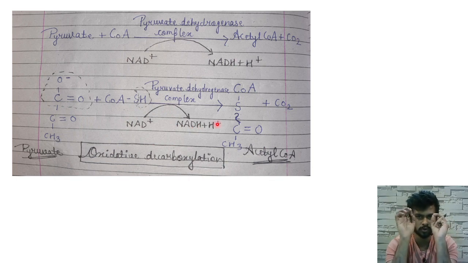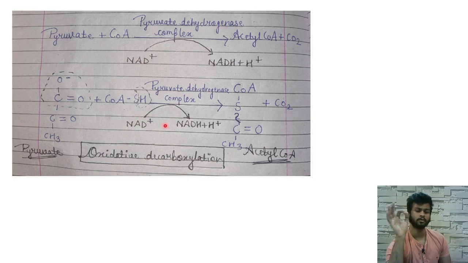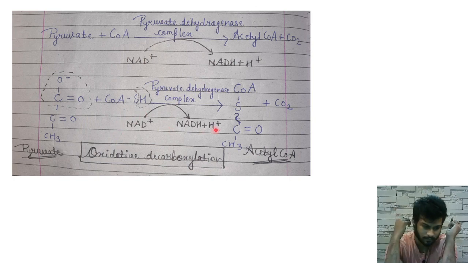We know that loss of hydrogen atom and electron is known as oxidation. Acceptance of hydrogen atom and electron is known as reduction. So the hydrogen atom from the coenzyme A will be accepted by oxidized NAD+, and it will get converted into reduced NADH plus H+.